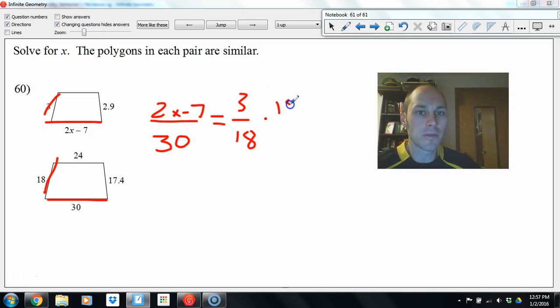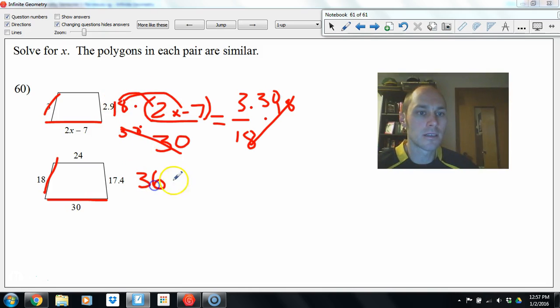So we just multiply cross products times 18. Keep in mind that this is a quantity. Multiply by 30 to eliminate the denominator on the left. So I get 36x minus 126 equals 90.